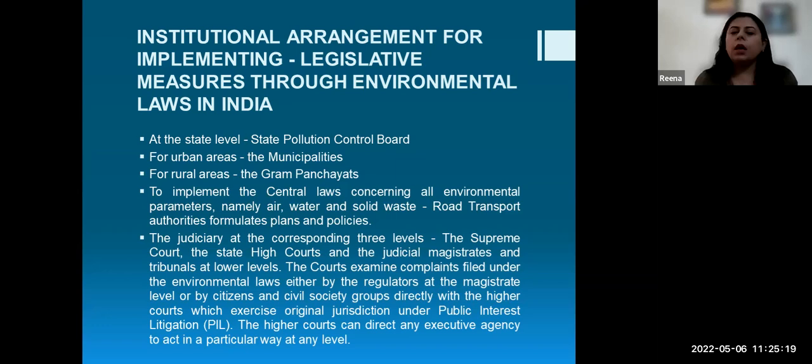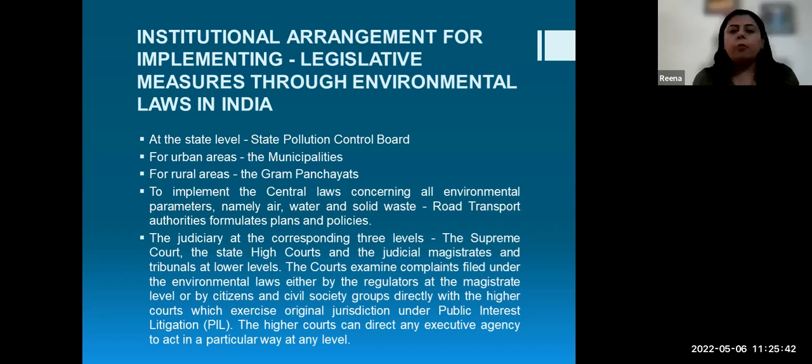So sometimes you will see nowadays the National Green Tribunal is very active in taking action on any pollution related activity taken up by any state level body, even the government, imposing penalties on these government bodies.